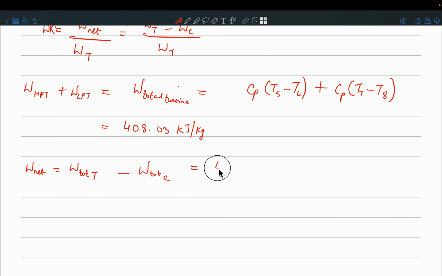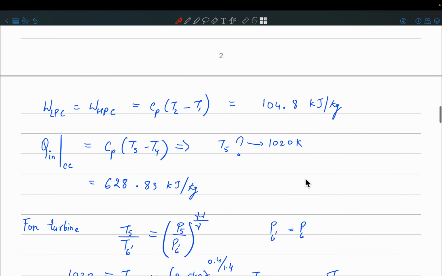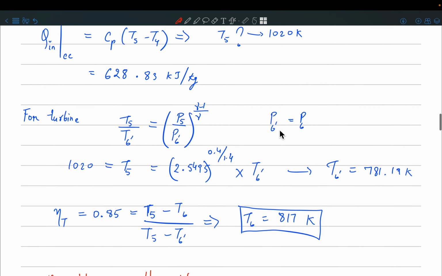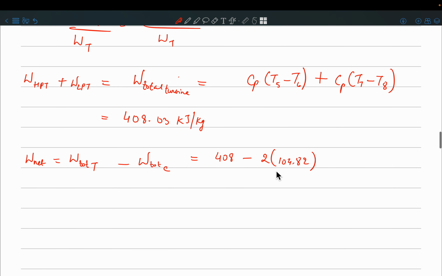This is basically equal to 408 minus 2 times 104.82, because going back, if you remember, the work done by both the compressors was equal, and we found the work by each of the compressors to be 104.8. So here we are going to multiply by 2.